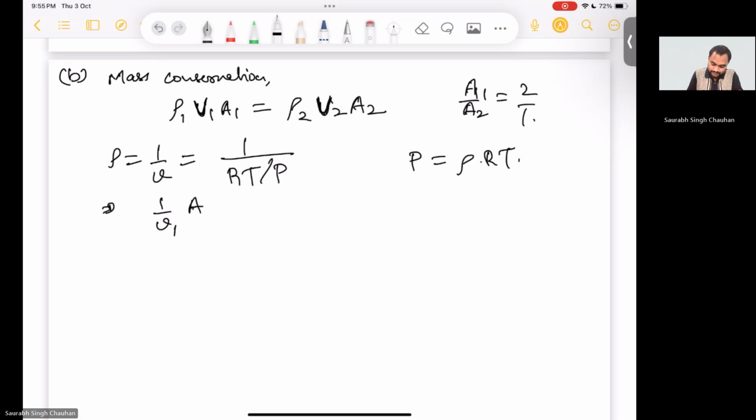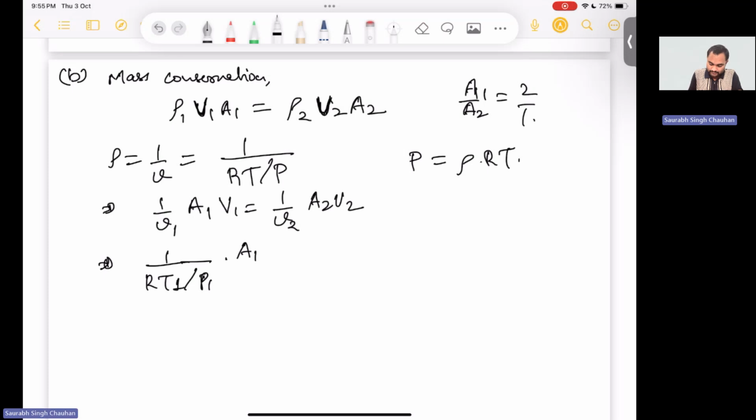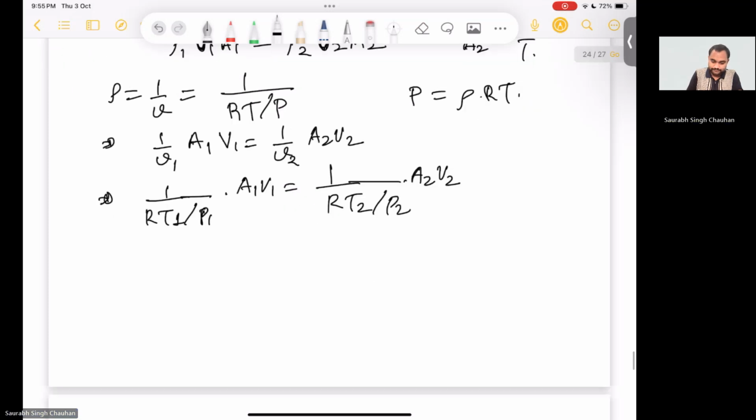A1 V1 equal to... From the ideal gas equation, you have 1 by RT1 by P1 A1 V1 is equal to 1 by RT2 by P2 A2 V2.